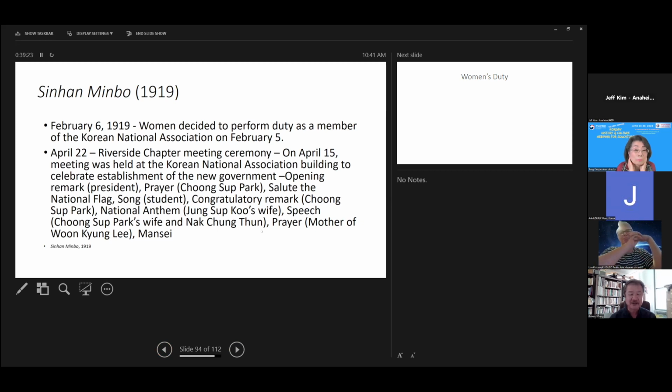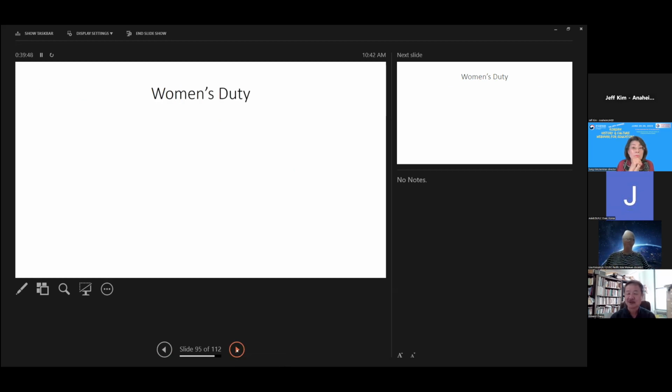But in this meeting, Chung-sup Park's wife delivered a speech, which is remarkable, I think. And the prayer was delivered by the mother of Woon Kyung-lee. So the women of Pachappa camp were playing major and active roles as early as 1919, which is remarkable.